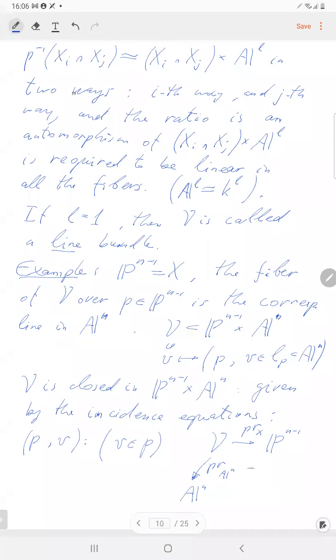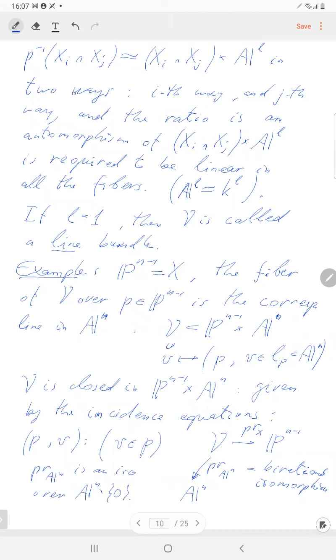Okay, so this is a birational isomorphism. And more precisely, this projection to A^n is an isomorphism over the complement to the origin.